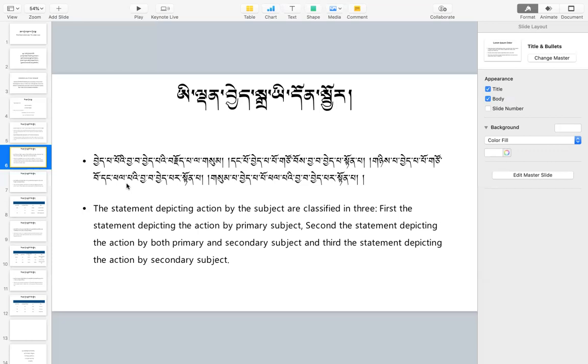So therefore, the classification due to intention is only valid if the subject is living or animate. But that is one factor of classification as primary and secondary subject.